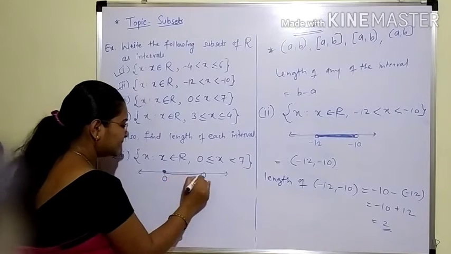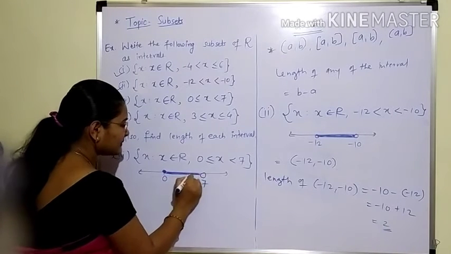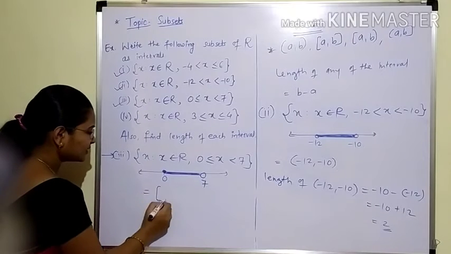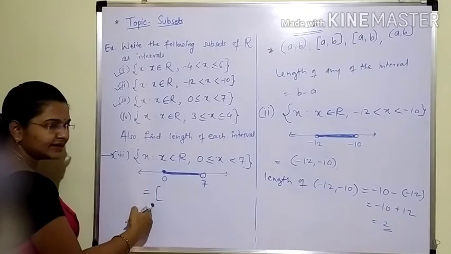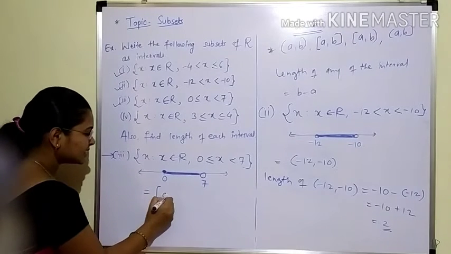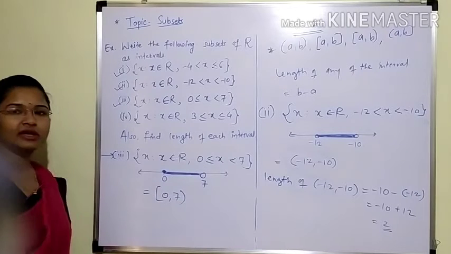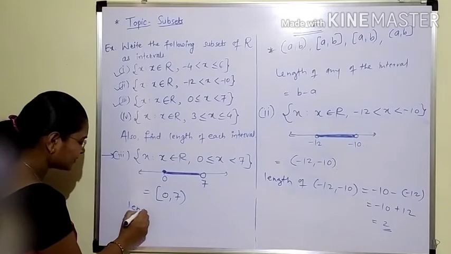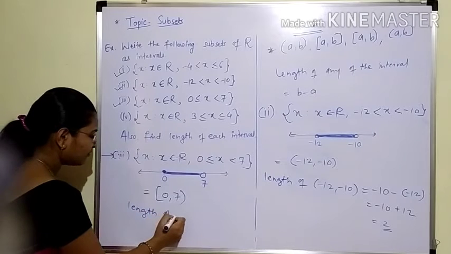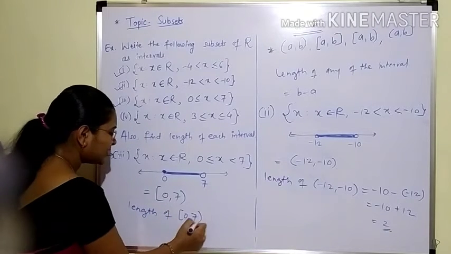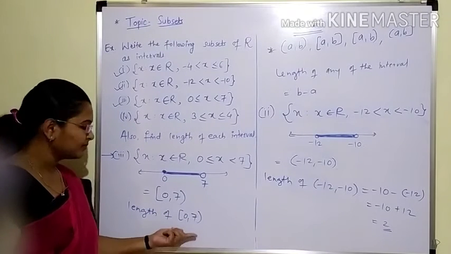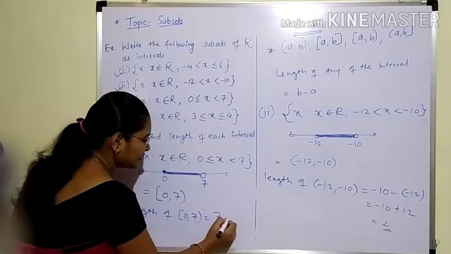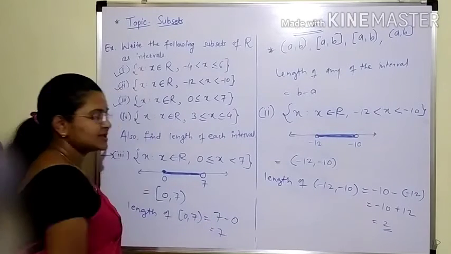Okay, so this set we can write as the interval closed 0 to open 7. Any doubt? Now the length of this interval, length of [0, 7), or you can say this is a semi-closed interval, is equal to 7 minus 0, that is equal to 7.